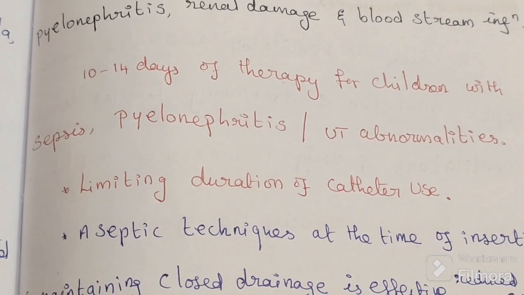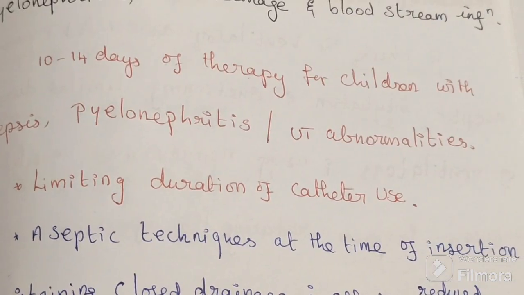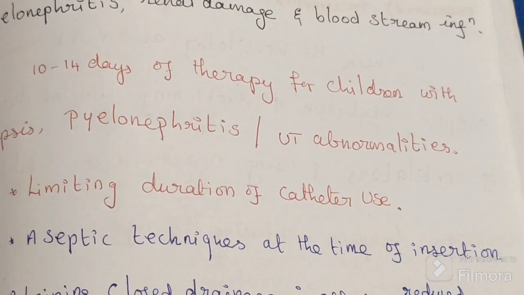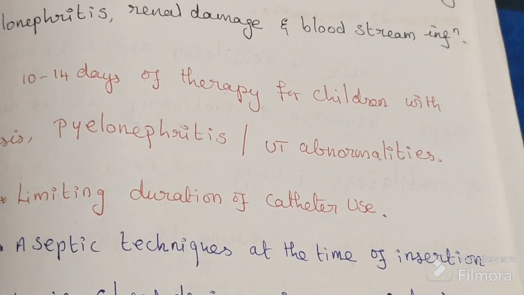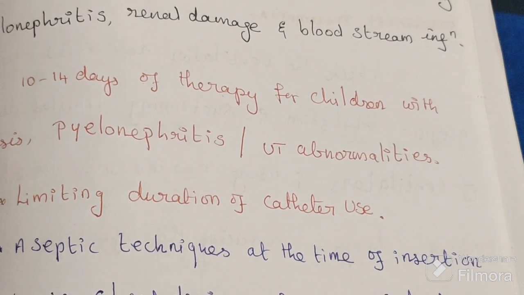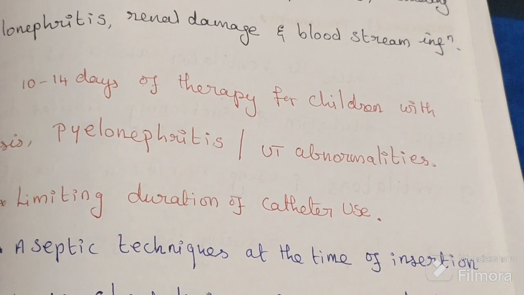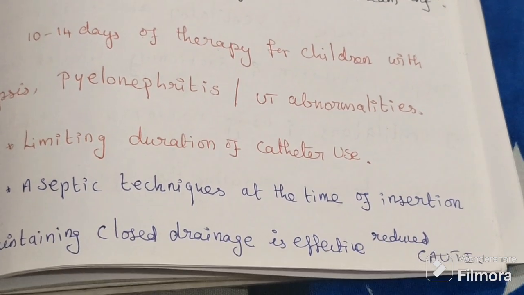So 10 to 14 days of therapy is at least recommended. Implementation of interventions like limiting the duration of catheter use, aseptic technique at the time of insertion, and maintaining closed drainage is effective to reduce the catheter associated urinary tract infection rate.